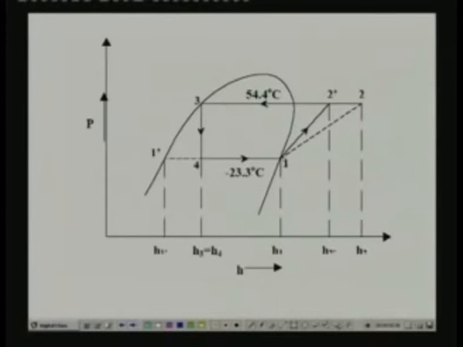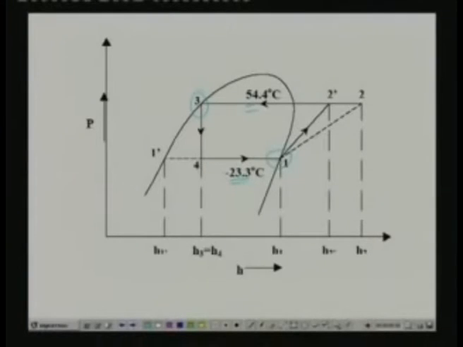So, let us begin with the saturation line, that means points 1 and 3. This point is already fixed because we know the temperatures, and we also mentioned that this is a saturated condition. So, on the saturated line, specifying any one parameter is enough. Once you say that it is saturated vapor and temperature is specified, we can immediately locate the point and find out the enthalpy H1, the specific volume, the entropy, and all the properties at this point.